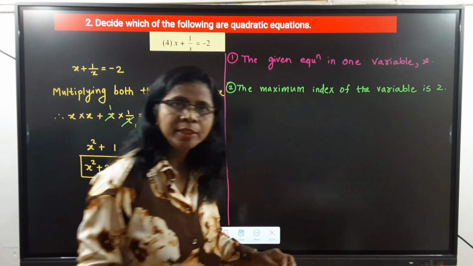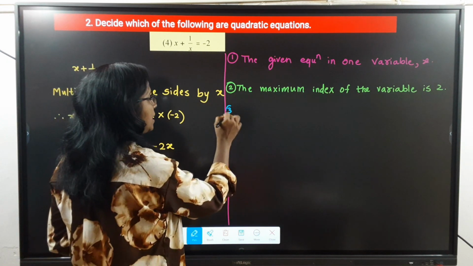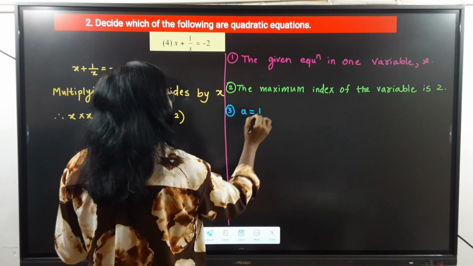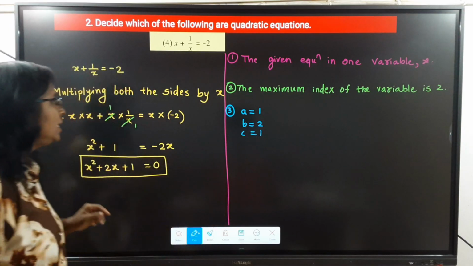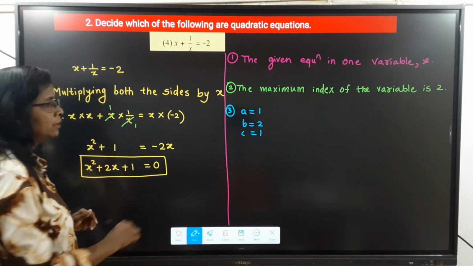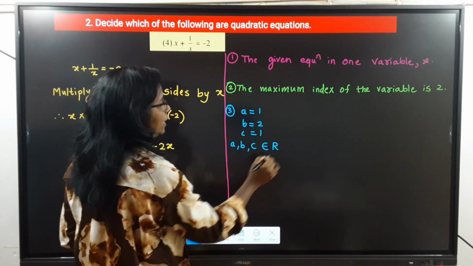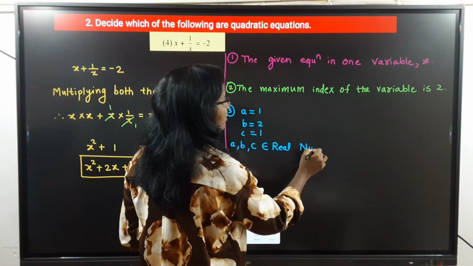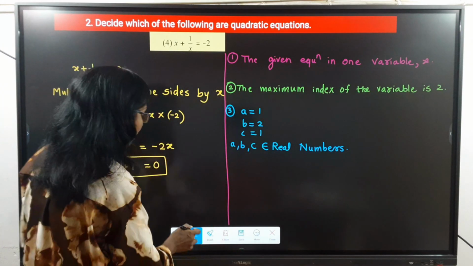Yes. So this second condition is also fulfilled by this equation. Third condition is that a is equal to 1, b is equal to 2, c is equal to 1. Therefore, a, b, c belong to R, that is real numbers. So this condition is also fulfilled by this equation.